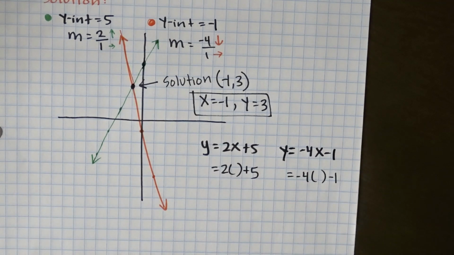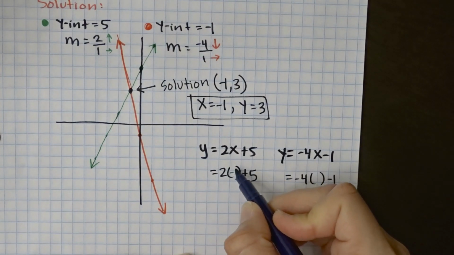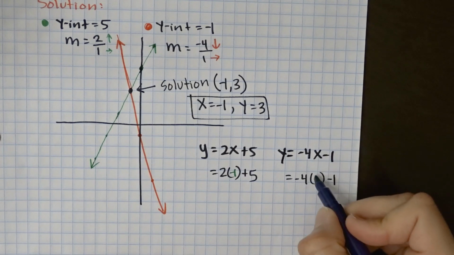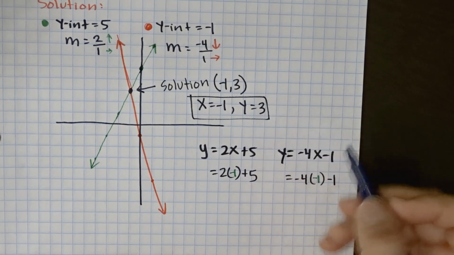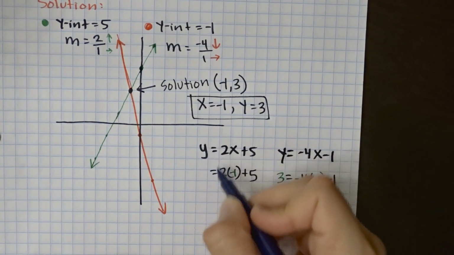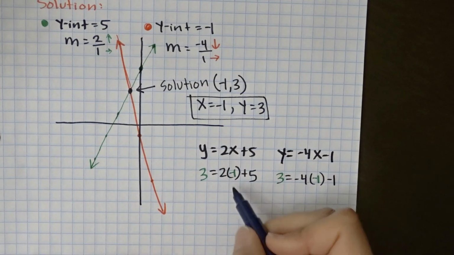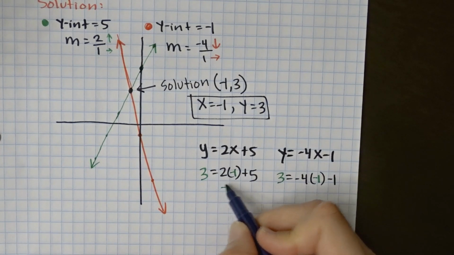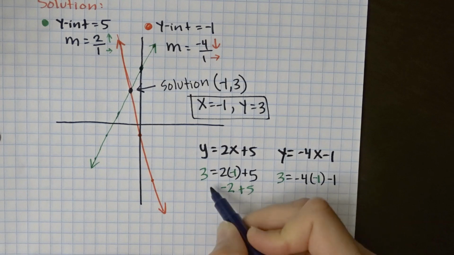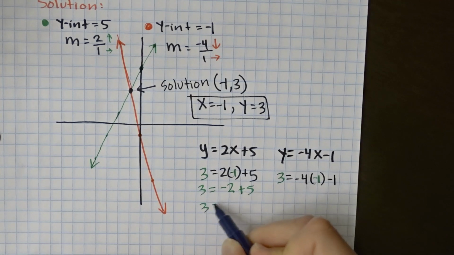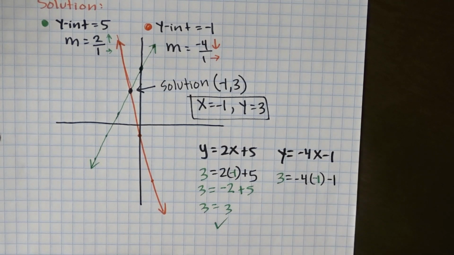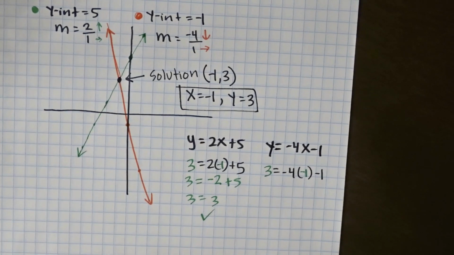And I'm just going to prove to you that in both equations, that point is a solution. So for x -1, the y has to be 3. So is it true that 2 times -1, which is -2, plus 5 equals 3? Yes. So it worked in our first equation.